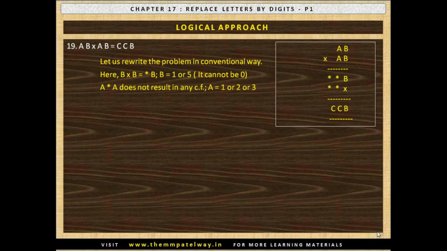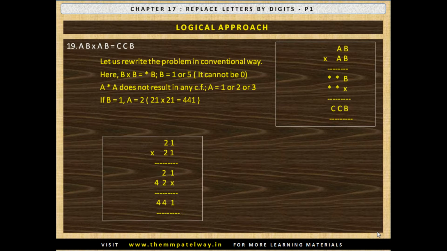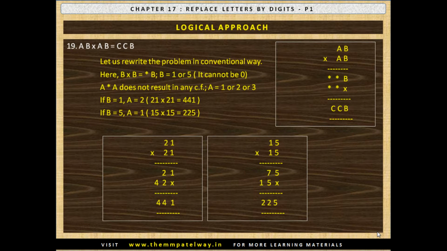That is, A will be equal to either 1 or 2 or 3. If B equals 1 and A equals 2, we will get the first answer as 21 into 21 equals 441. If B equals 5, then A will be equal to 1 and we will get the second answer as 15 into 15 equals 225. This is how we could get two answers.